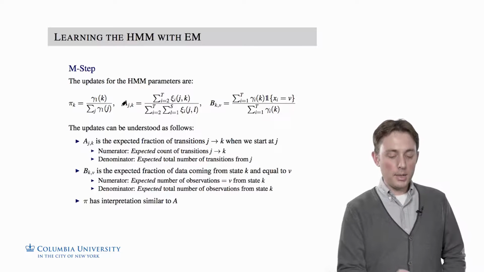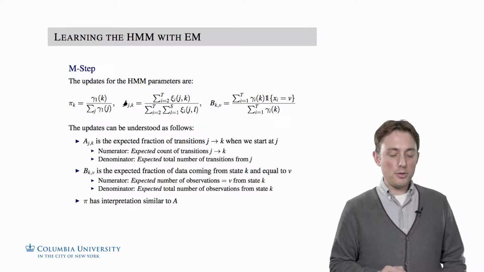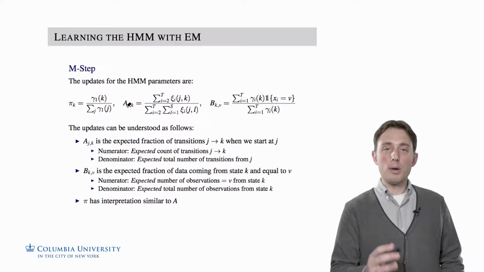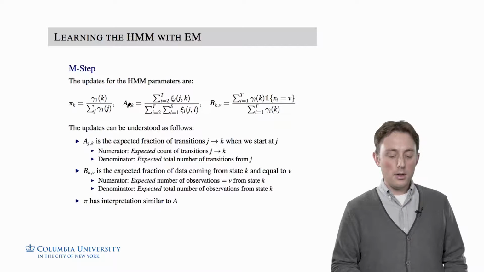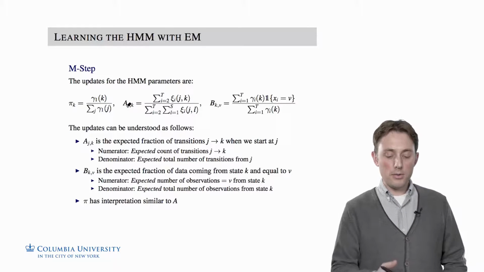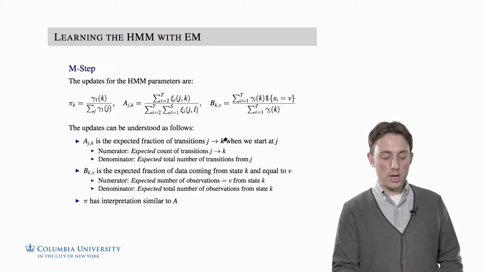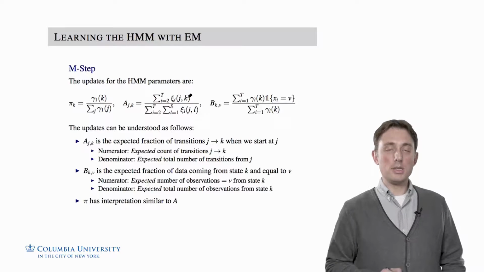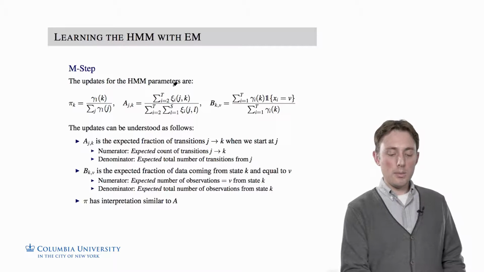First, let's look at the update for the probability of transitioning from state j to state k. Given I'm in state j, what's the probability I transition to state k? This is simply the expected fraction of transitions from state j to state k when we start in state j. The numerator sums over each transition i the conditional posterior probability of making that transition at that time point, so it's the expected number of transitions from state j to state k.